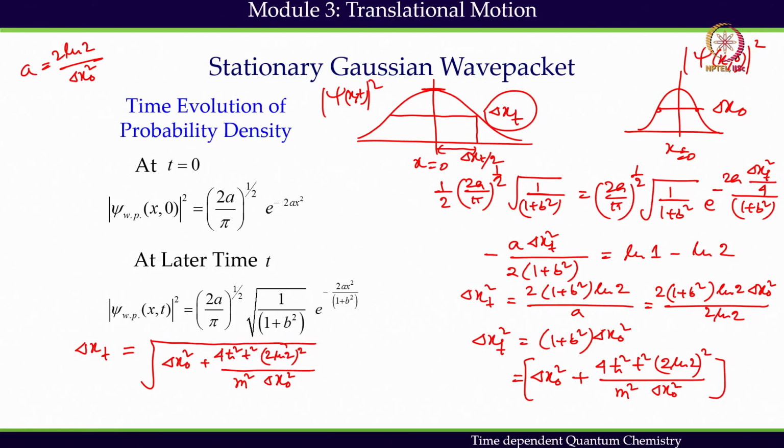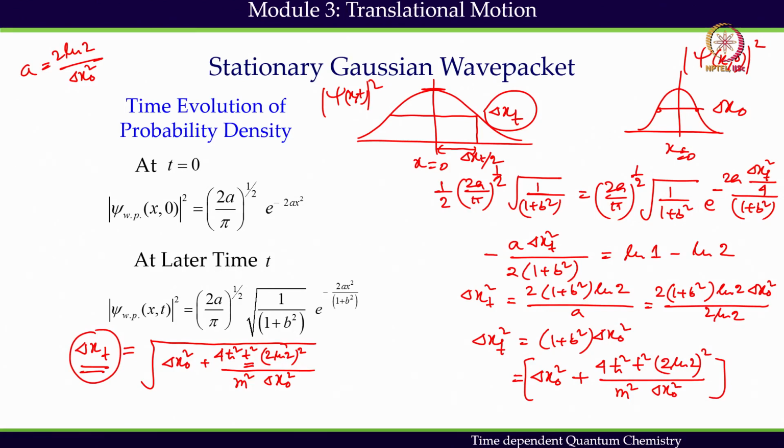So, what we observe from here is that delta x t is not directly proportional to time, but it will depend on time. So, the more time it spends during the evolution, it will just spread out more. It is just increasing delta x t.